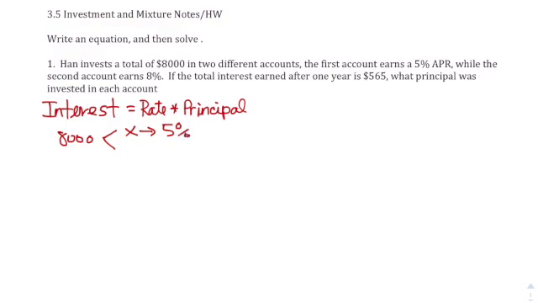And the leftovers is going to be in the 8%. Okay, well, how do you write the leftovers? Your total is 8,000, and you have a part of it in 5%, so the other one is going to be 8,000 minus the X. Because it could be 2,000, it could be 3,000, we just don't know. And those are the ones that invested in the 8%.